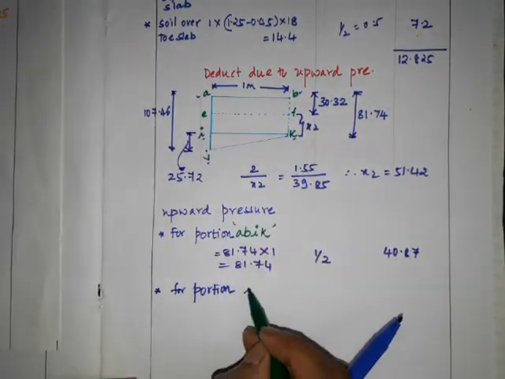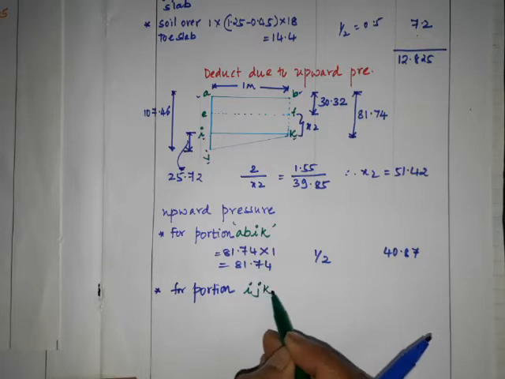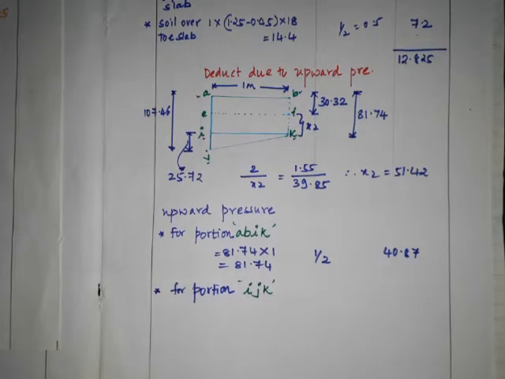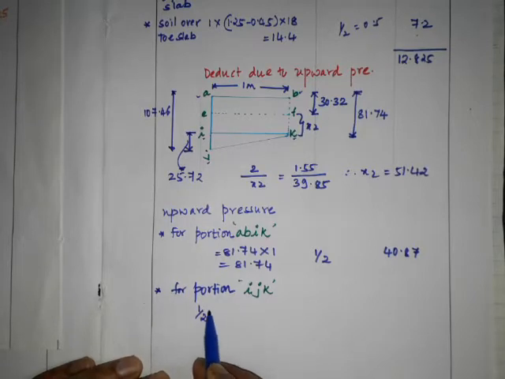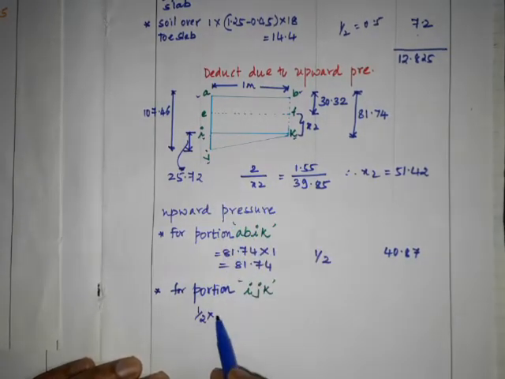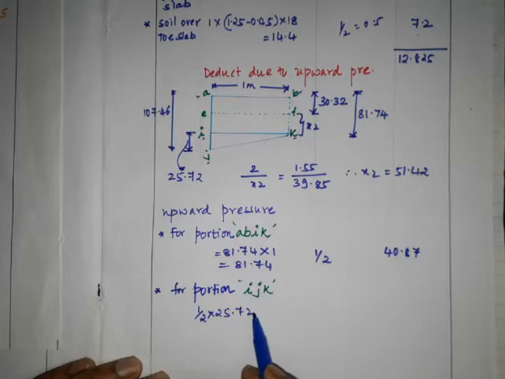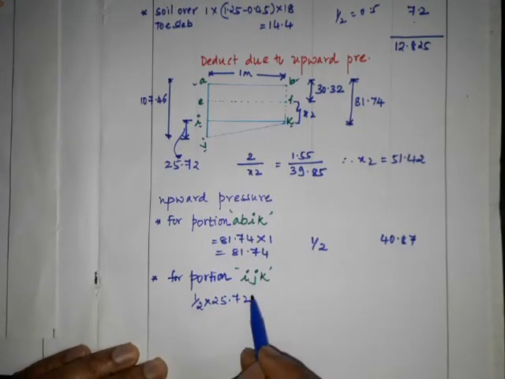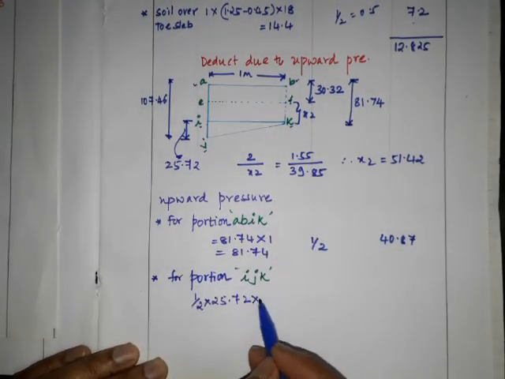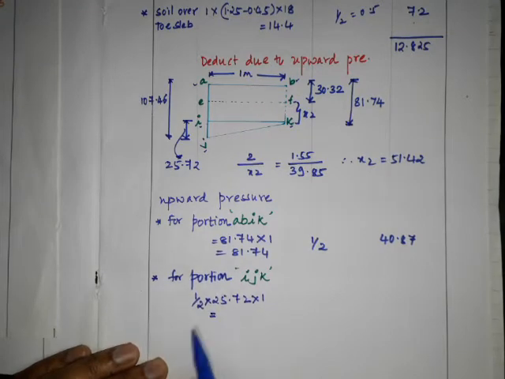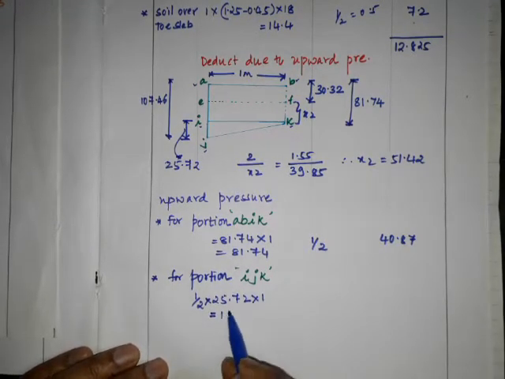Okay. Then next, for portion IJK, the force is half, base is 25.72, and the height is 1 meter. So we get this as 12.86.